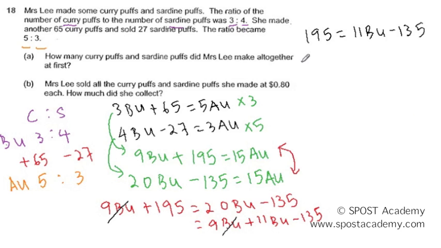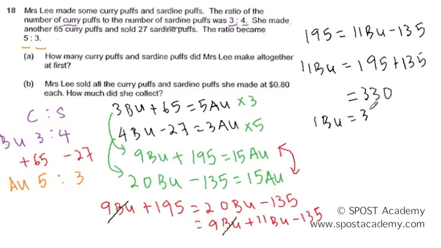So to get 11 before units, I just need to use 195 plus 135. So 195 plus 135 will give us 330. So to find 1 before unit is actually equal to 330 divided by 11, and that will give us 30.